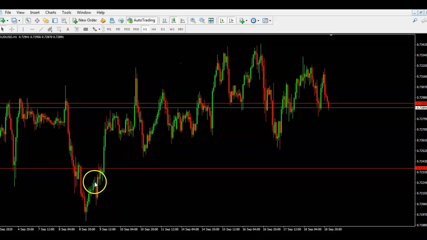We can say that we have an impulse, pullback, impulse, pullback, impulse, big pullback, impulse again, and then these are all pullbacks, impulse, pullback, impulse, pullback, impulse. So just remember this phrase, and this is going to help you a lot. You've got impulses and you've got pullbacks or retracements in the market.